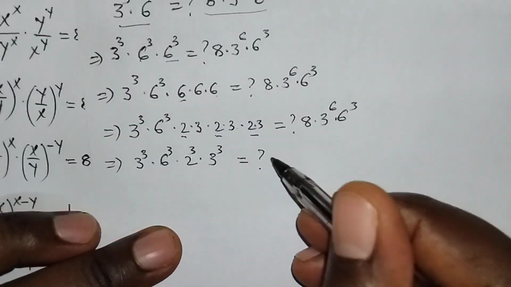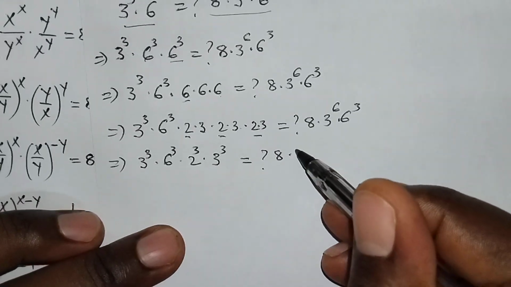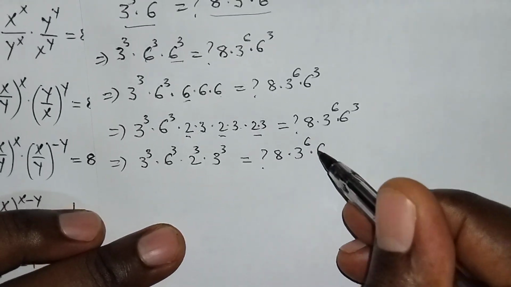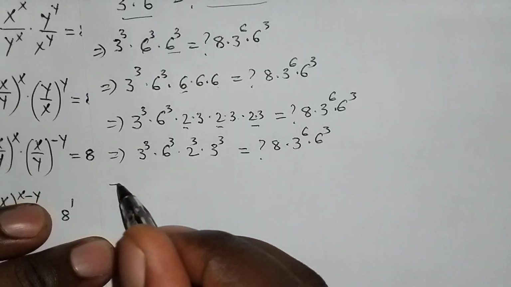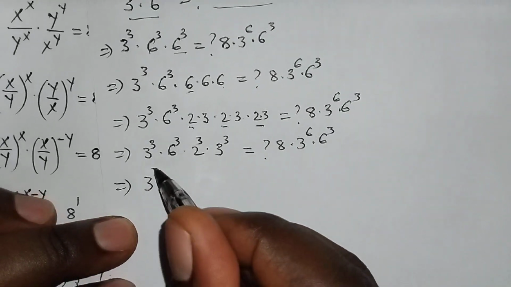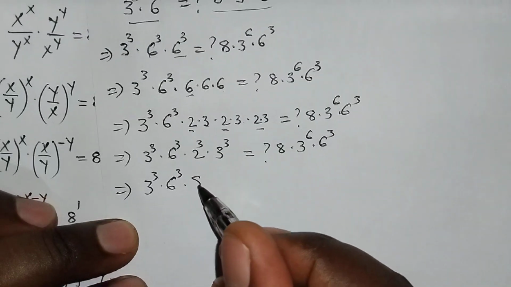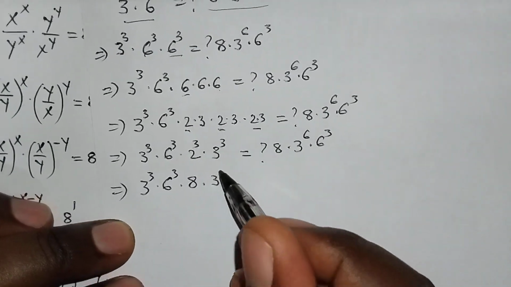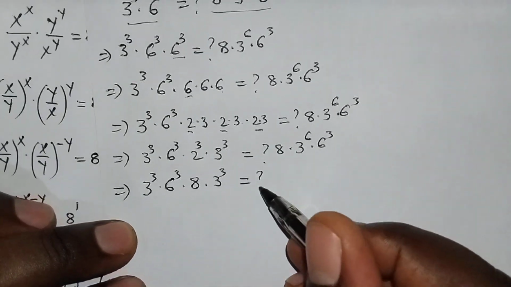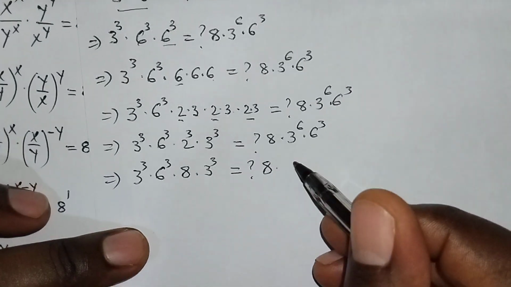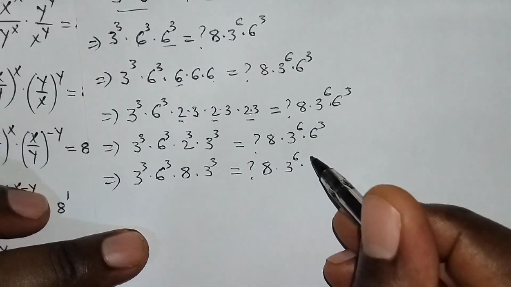This is 3 power 3 times 6 power 3 times 2 cube, which is 8 times 3 power 3. Is it equal to 8 times 3 power 6 times 6 power 3?